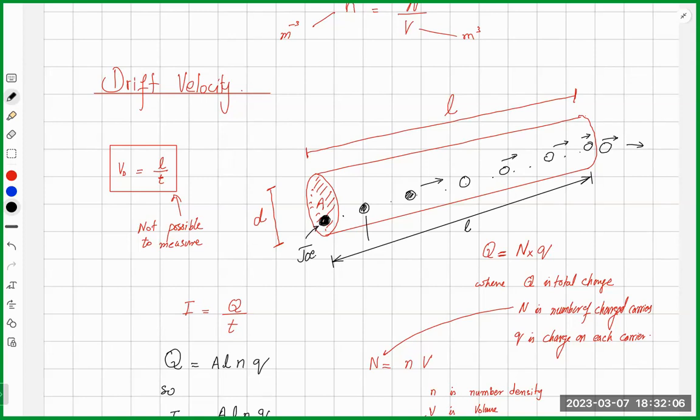The problem is we cannot recognize an electron. But remember, you are studying physics. Smart people find a solution that is easy. So here is the solution.